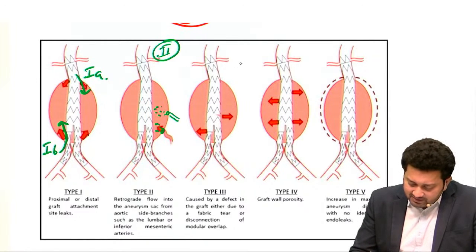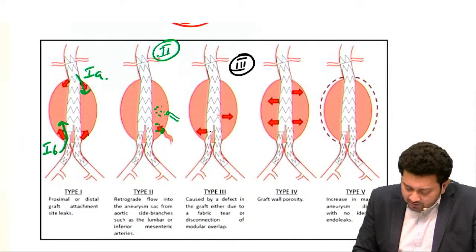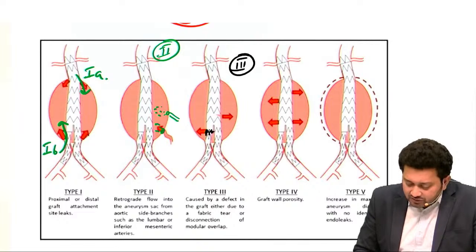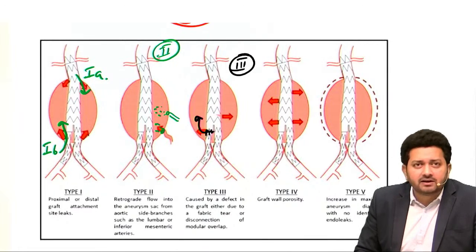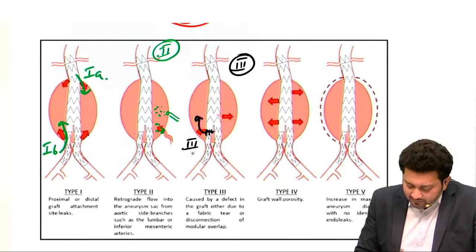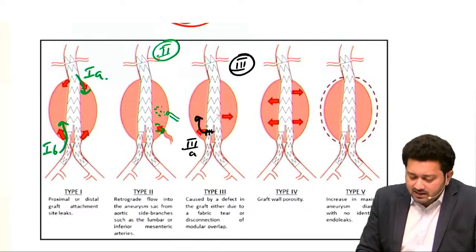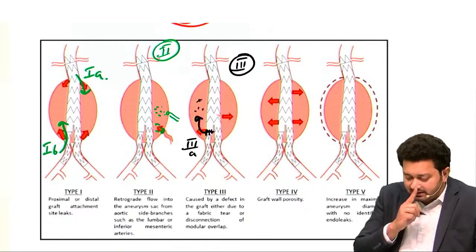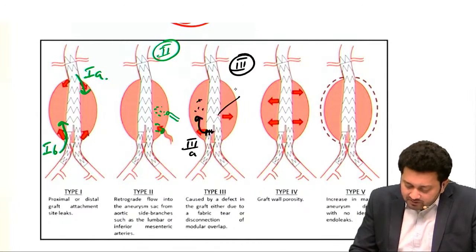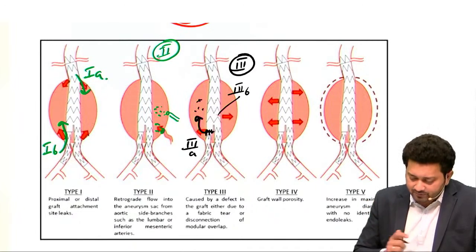Now type 3, just see. In 3, 3A is, I told you that there is this component. If there is leak from this area and the diameter of the sac increases, this is 3A. So the main body and the smaller body got separated and the blood is coming from this and filling the sac. 3B is, suppose there is some defect in the main stent graft, there is some hole there.